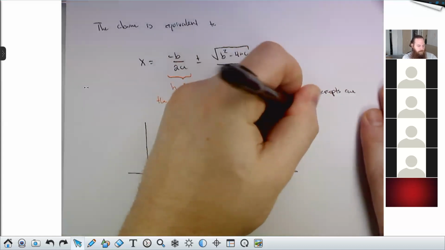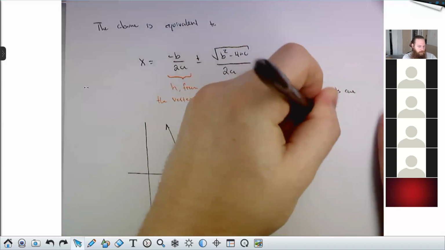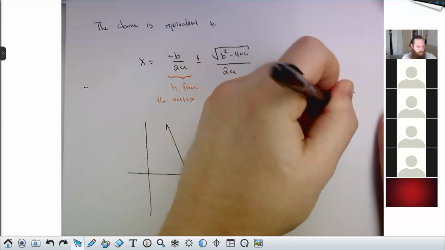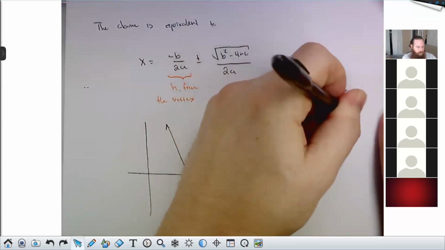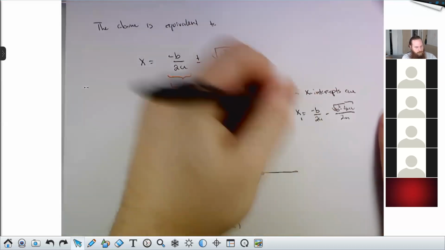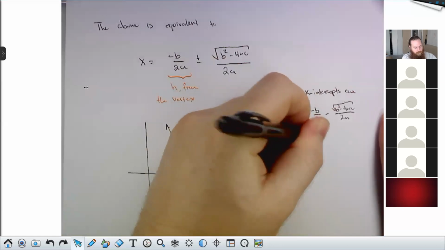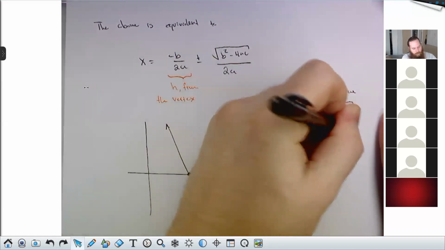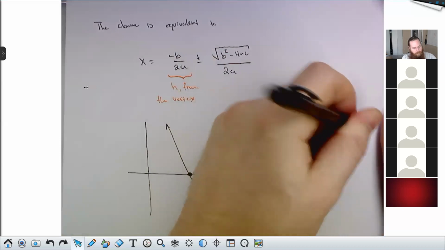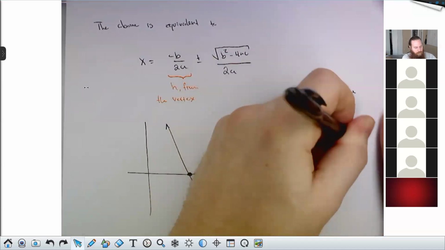They are x1 equals negative b over 2a minus the square root of b squared minus 4ac over 2a, and x2 equals negative b over 2a plus the square root of b squared minus 4ac over 2a.